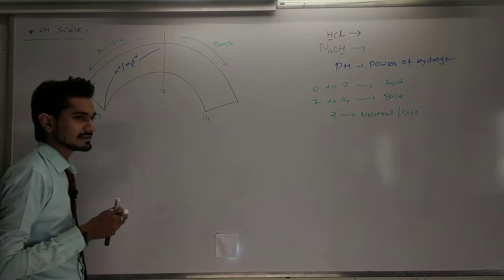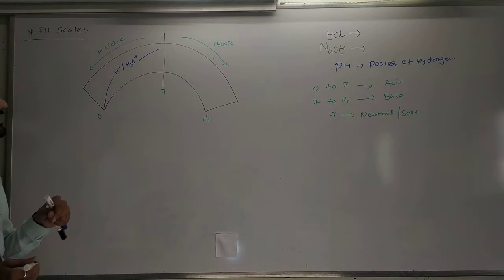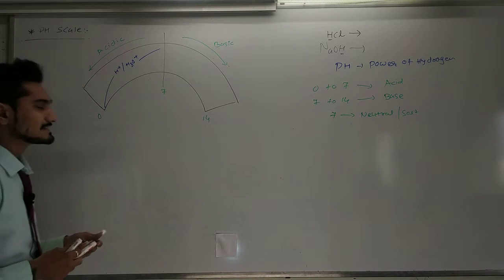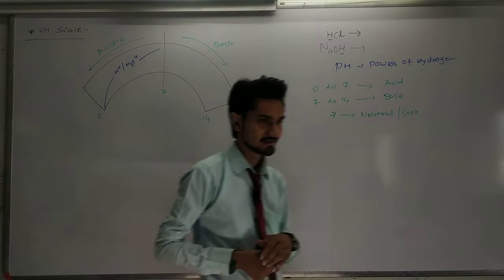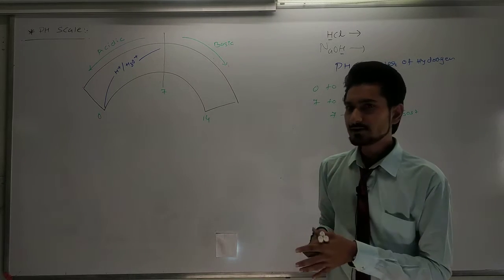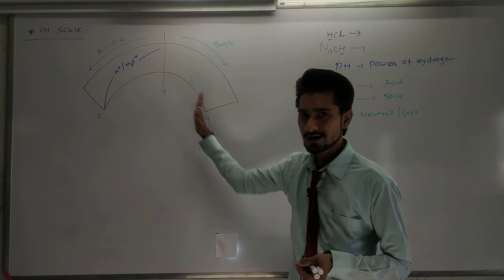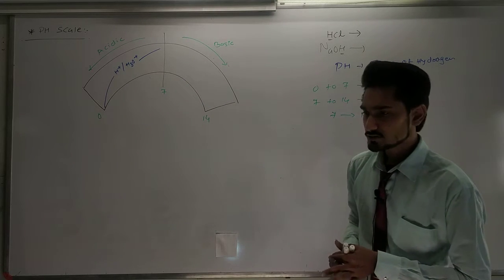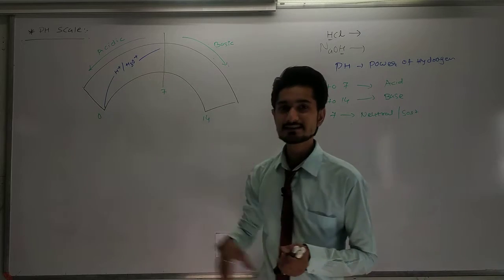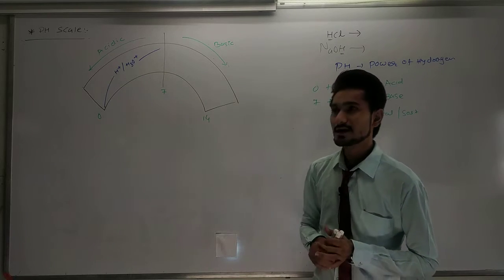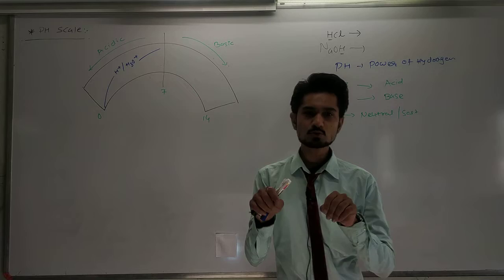You know very well that the basic value tells us that the rate of change becomes more basic when the value becomes higher on the pH scale. Now let's see what happens in the basic. We are checking two substances.